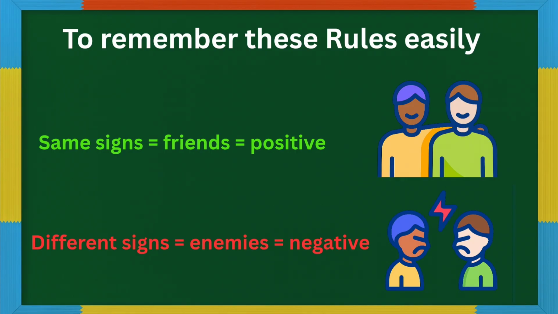And enemies always give a negative answer. So remember, same signs mean friends, always positive. And different signs mean enemies, always negative. I hope you now clearly understand the rules for multiplication and division signs.